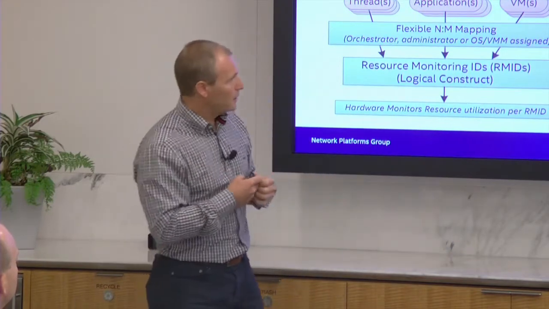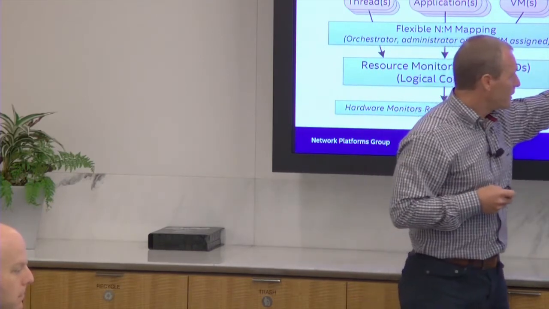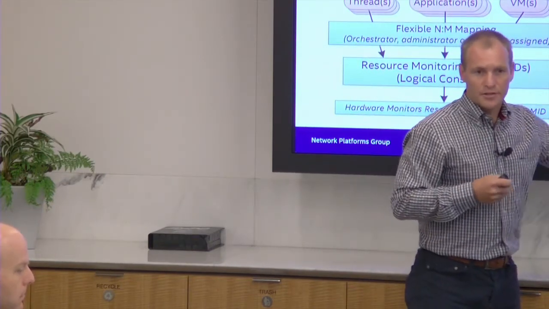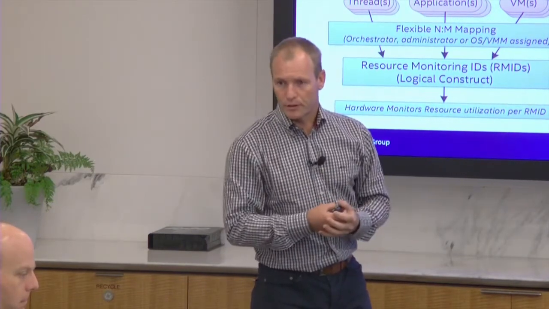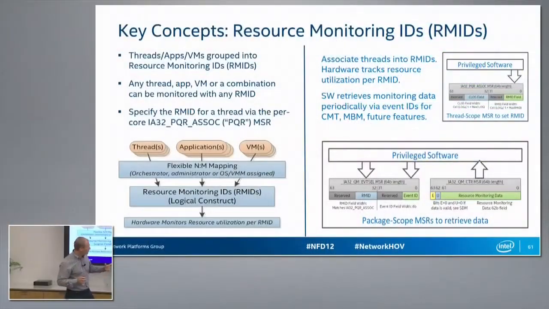Right? And then when privileged software sets these up, it can utilize another MSR to say, okay, I've told the processor to go and monitor cache for this particular process for a period of time. At some point, privileged software can come in, utilize a different MSR to read back the occupancy of that particular RMID.